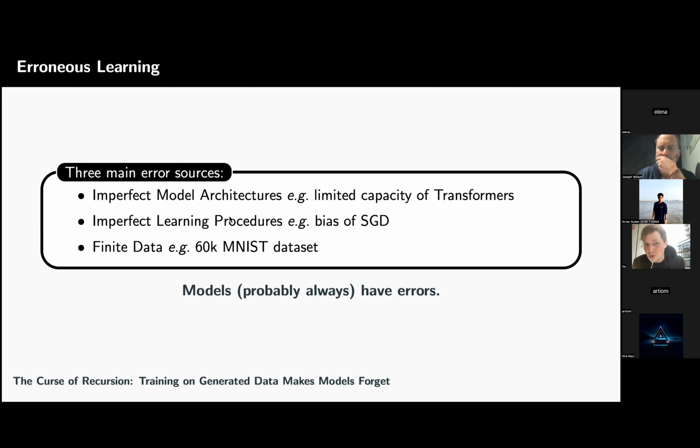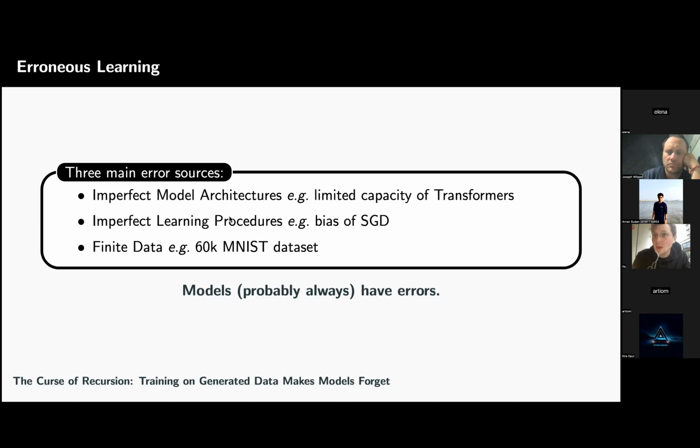So those are imperfect model architectures. When we talk about models in theory, we assume they're universal approximators, i.e. they're capable of approximating arbitrary functions to arbitrary precision. And although in the limit theoretically this is true, we do not actually know if in practice this is true as well.